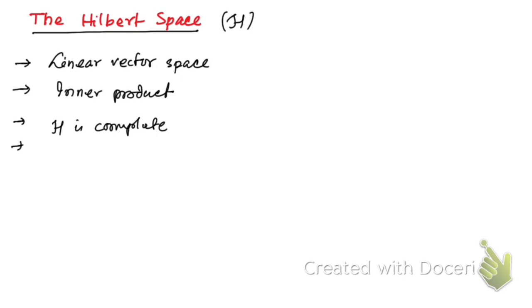What does it mean, complete? Suppose we have this function psi of x, which is a linear combination of vectors, the sum from i equal to 1 to infinity of ai phi i. Phi i represents the basis.